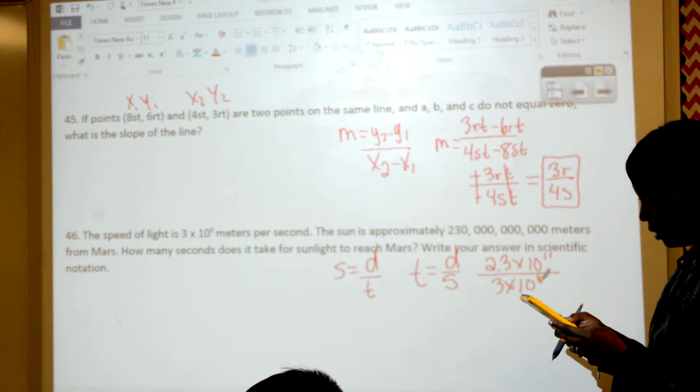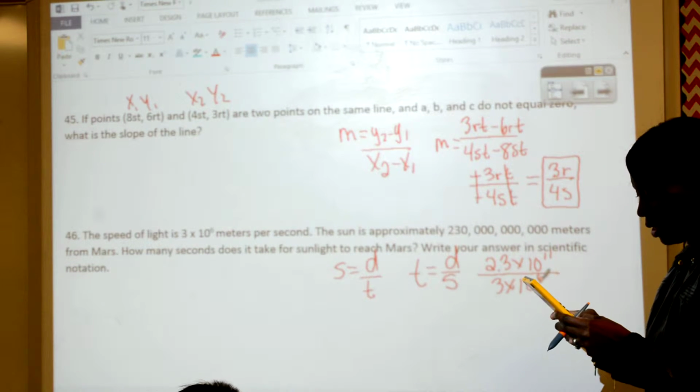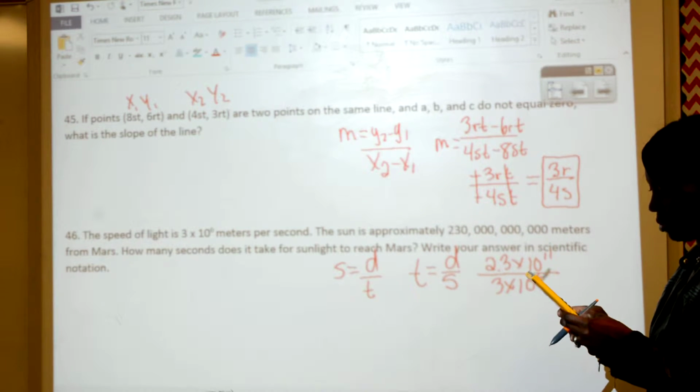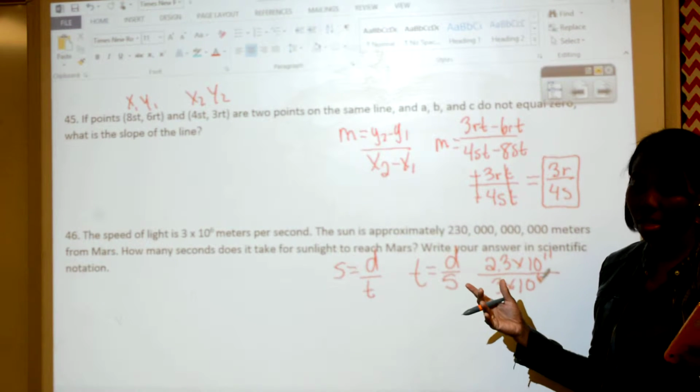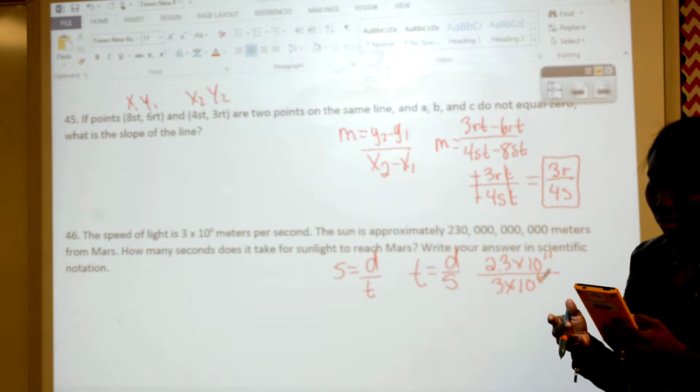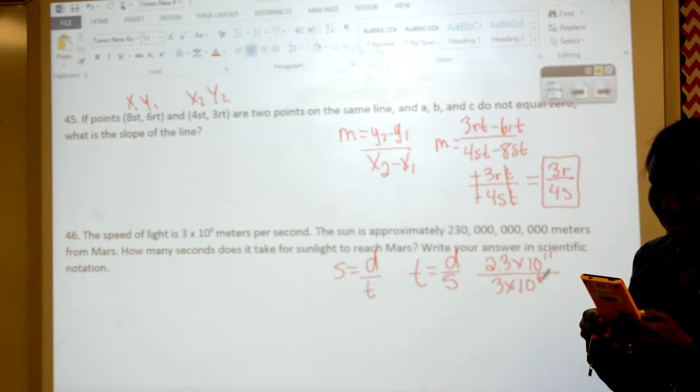If we divide 2.3 by 3, our coefficients, we end up with 0.666, which repeats, and we can't leave it in that form.